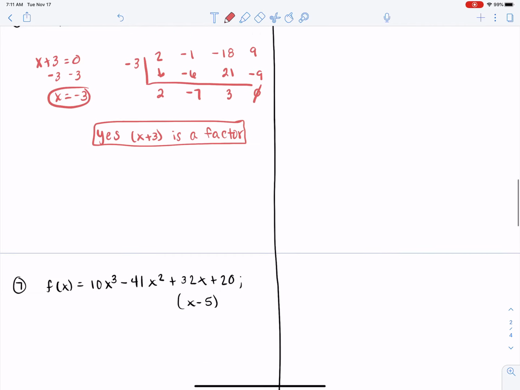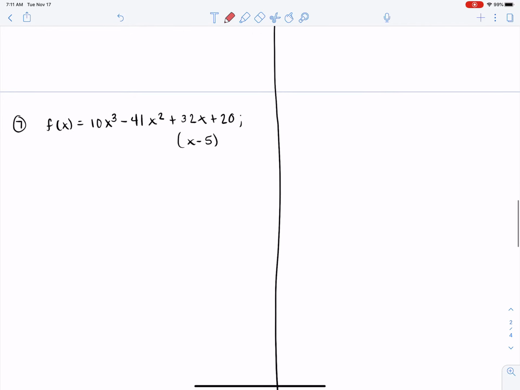Okay, last example. I want to know, is it a factor? So we're going to divide. So x minus 5 can be set equal to 0 and solved in one step. x equals 5, so that's what I'm going to use for my division. So I have 10, negative 41, 32, and 20. Okay, so carry the 10. 5 times 10 is 50.